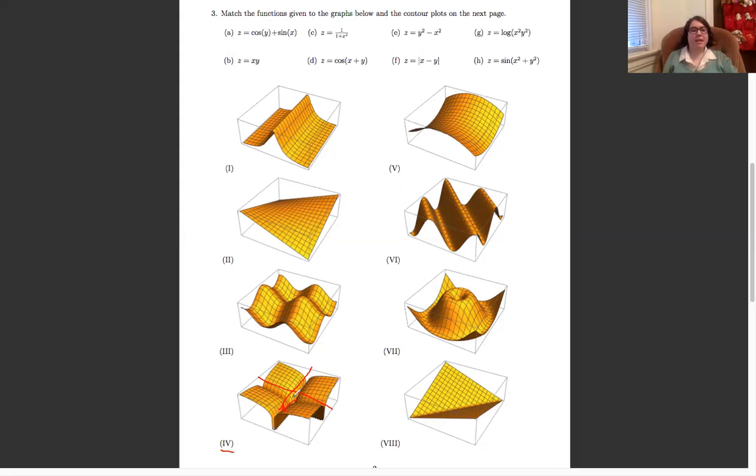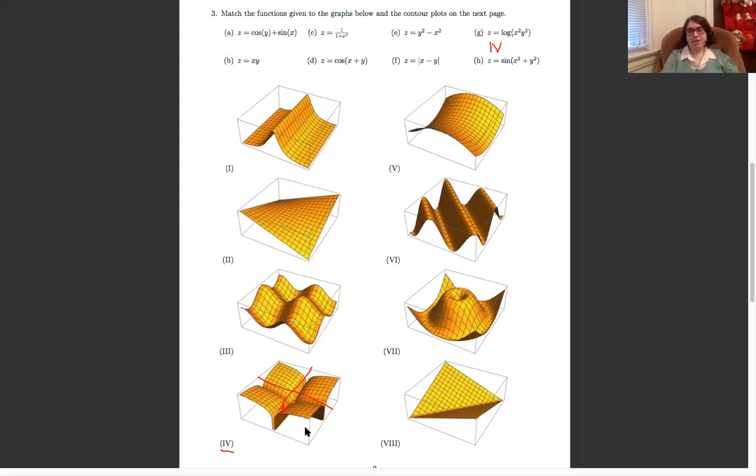So because I have the log, and every other graph doesn't seem to have a problem defining the function when x and y are equal to 0, since none of them have asymptotes along x equals 0 or y equals 0, I'm ready to say that g should definitely be 4.